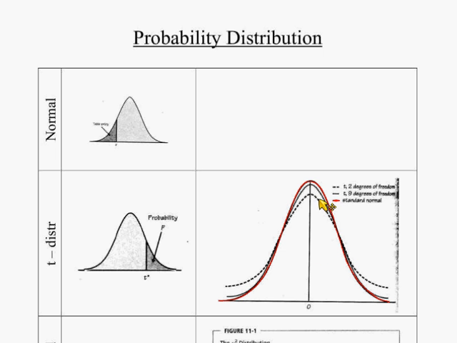Now you'll notice that there's more than one T distribution. Another thing which is a little bit different about T distributions is that they have what's called degrees of freedom, which we're going to get into more specifically in a little bit. But in general it is very closely related to the sample size.